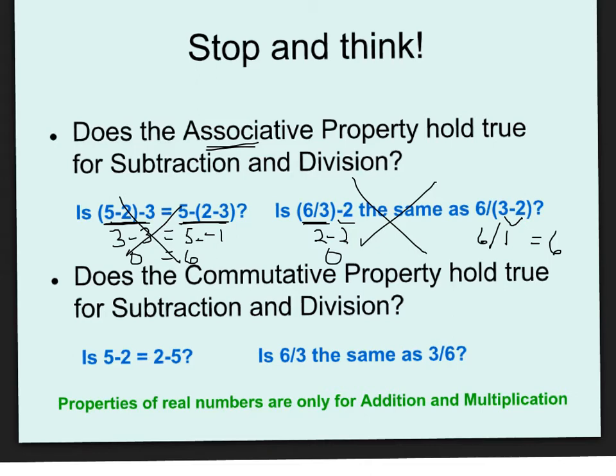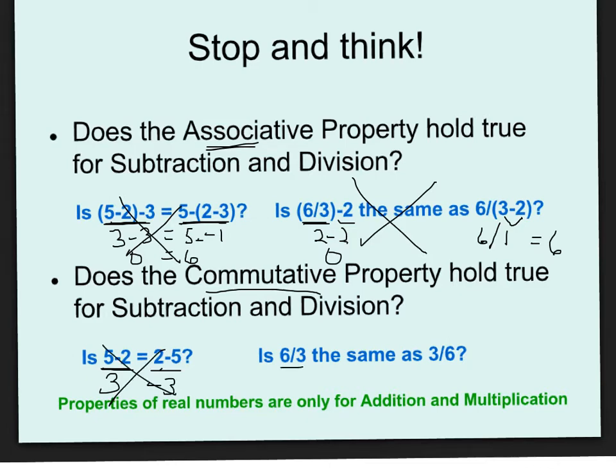Let's check the commutative property. Let's see if it works with subtraction and division. Remember, commutative means that we just move the numbers around. So is 5 minus 2 the same thing as 2 minus 5? Well, that's obvious. 5 minus 2 is 3, and 2 minus 5 is negative 3. So that does not work.